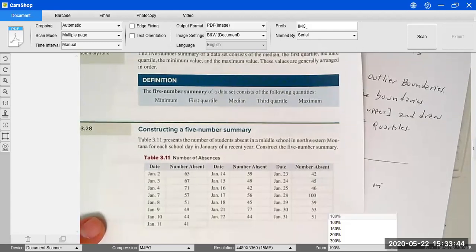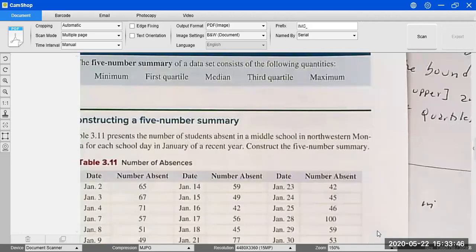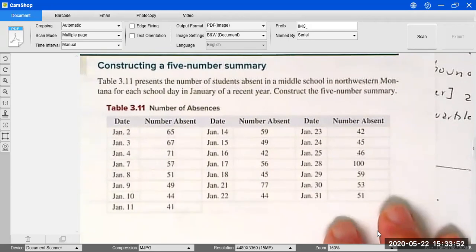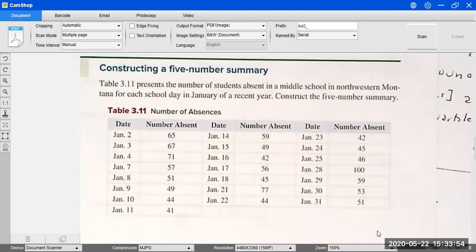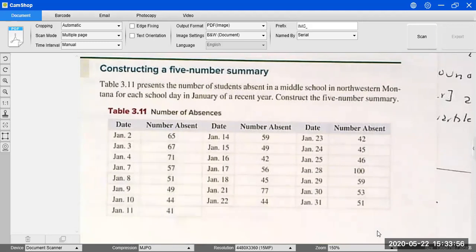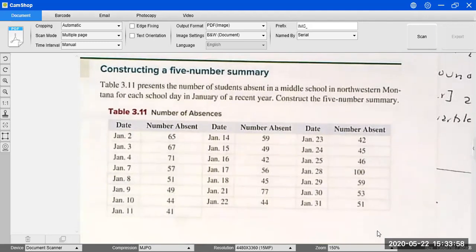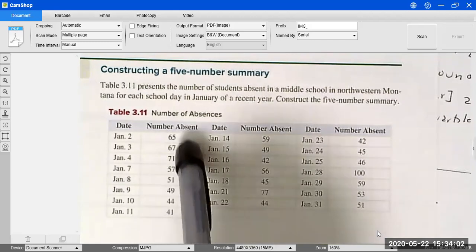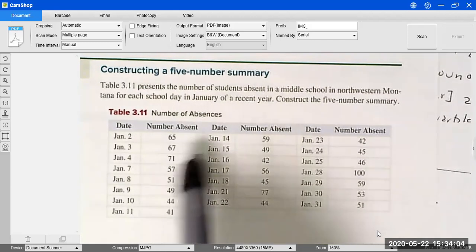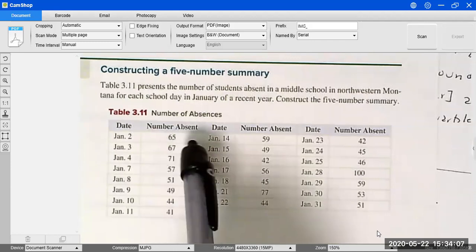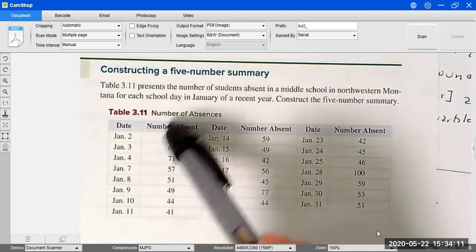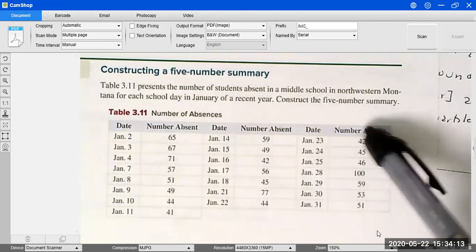And this is a table with the date and the number of absences that they recorded. So January 2nd, 65 students didn't attend, and so on. The values that are of interest for us are in the column that records the number of absences. So it's this column.